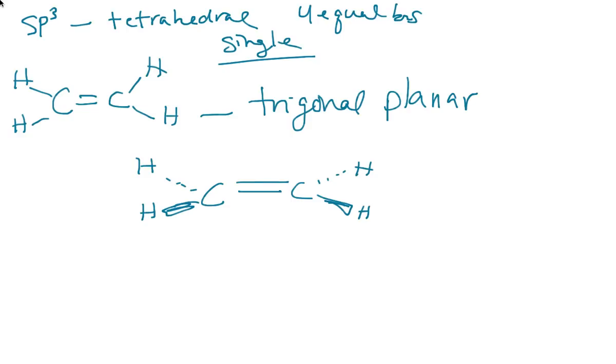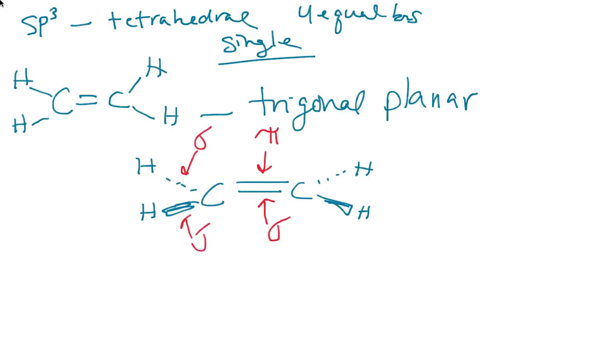It's flat in one plane, trigonal planar, 3 equal bonds, and then 1 pi bond. So we have a sigma bond, and here we have a sigma bond, and here we have 1 sigma bond and 1 pi bond. In order to get the second bond between the atoms, one of the orbitals on each carbon has to be left as a p.